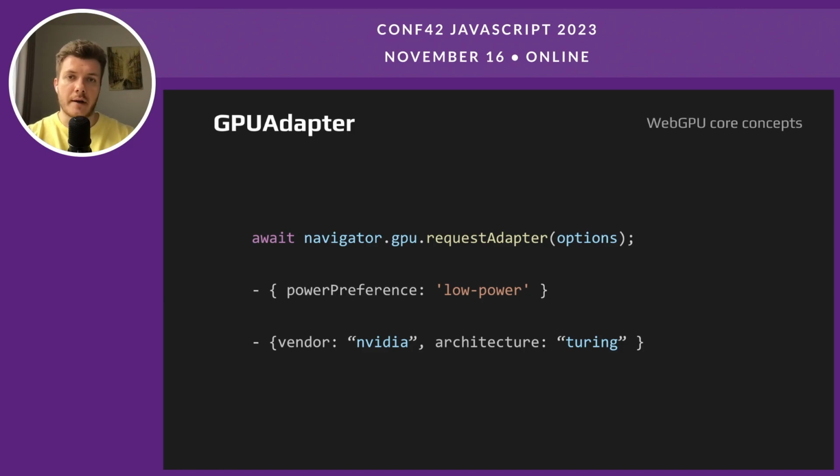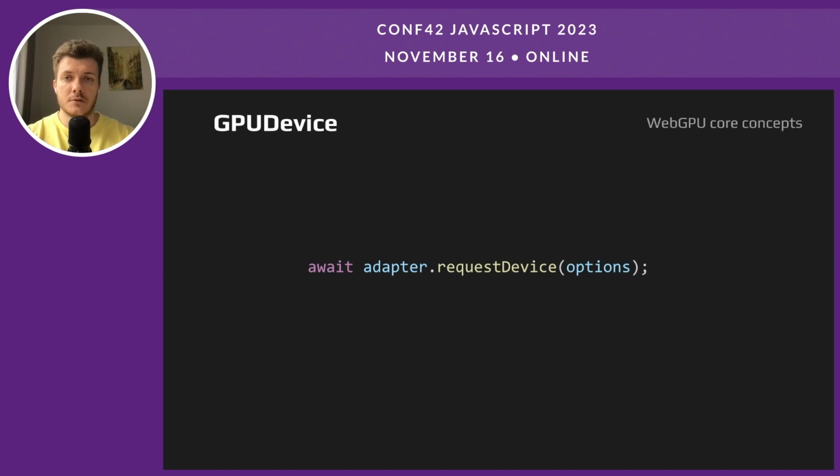However, you can specify an adapter based on certain criteria, like power preference, low power, and it provides a snapshot of the GPU specifications, such as vendor, NVIDIA, architecture, tuning, and furthermore, it outlines the features and limits applicable to the GPU device.